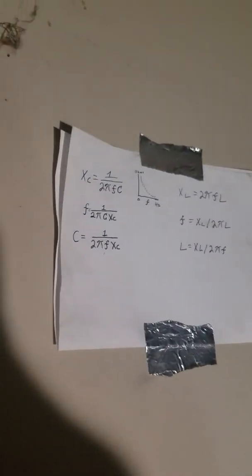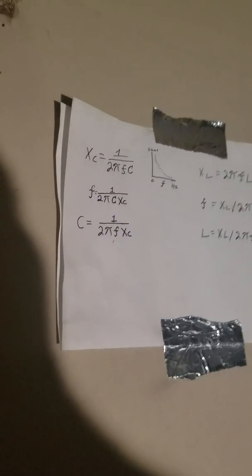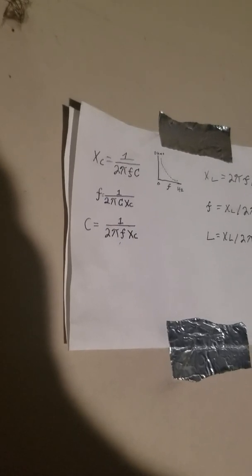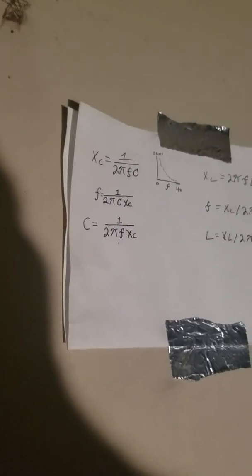this is your capacitive reactance formula, just to the left of the inductance. You can see in the top left, XC is your capacitive reactance. To get XC, you need to know your frequency and your capacitance.